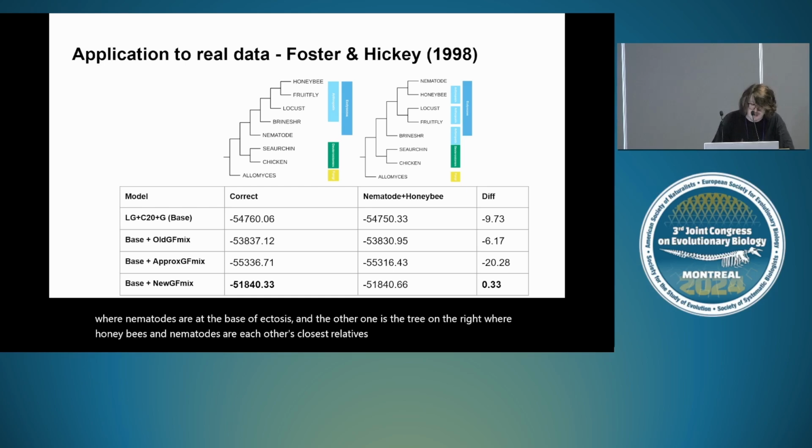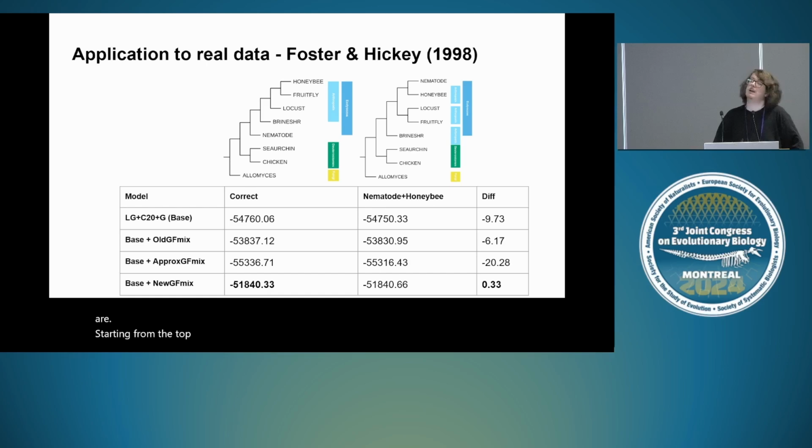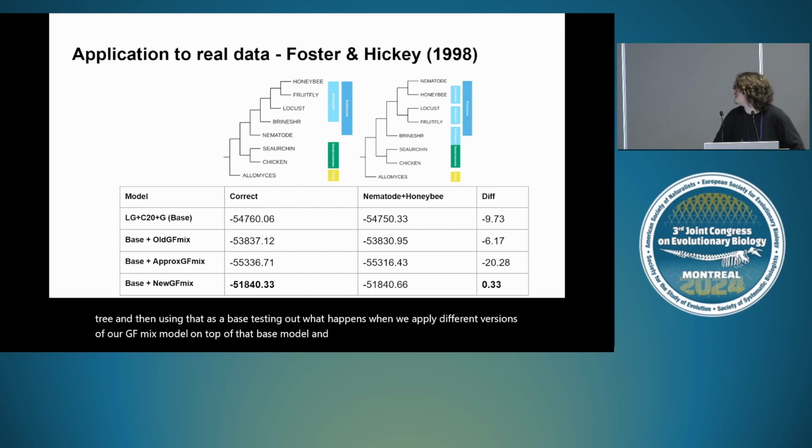So the likelihoods I have here, starting from the top, are for an LG C20 plus gamma site heterogeneous model as taken from IQ-TREE, and then using that as a base, testing what happens when we apply different versions of our GF mix model on top of that base model. Hopefully what you can see is that for our base plus new GF mix model down at the bottom, we get just a little better likelihood for the correct tree over the incorrect tree.